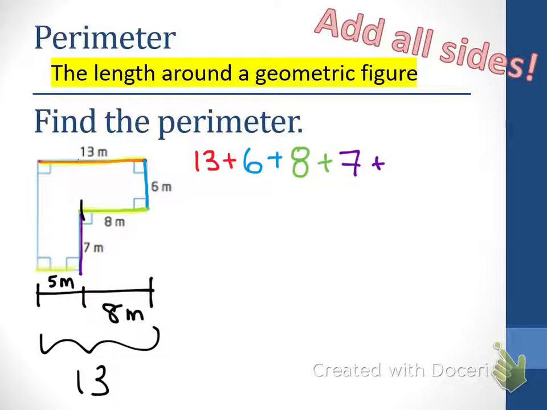Why wouldn't it be 6? Because it looks exactly the same, maybe an inch shorter. I would never use your eyes. I would use the math. Sometimes I draw them and I'm not drawing to scale. I didn't take out a meter stick and draw this. Some of them will say not drawn to scale.